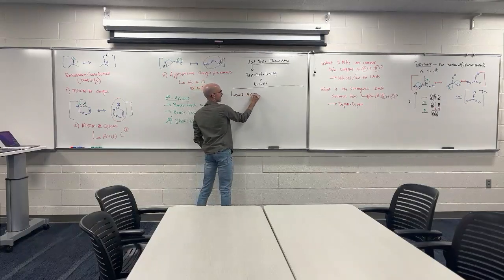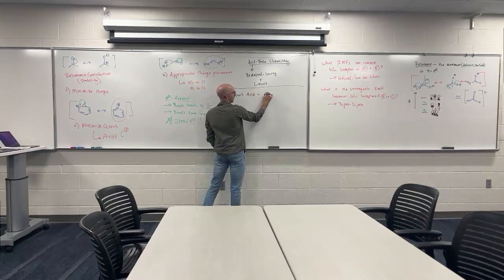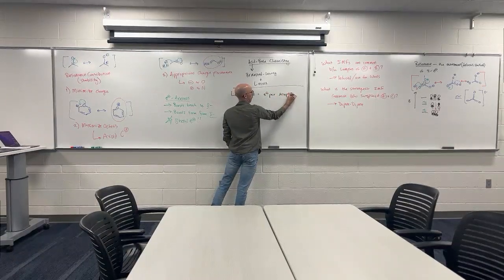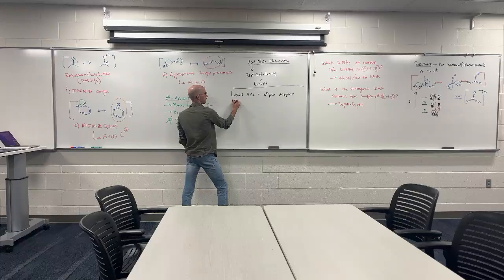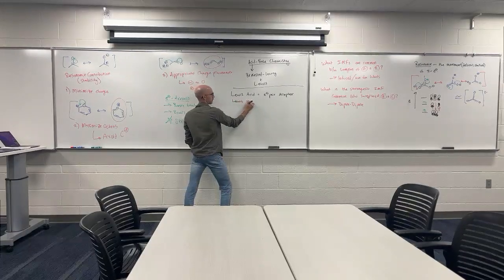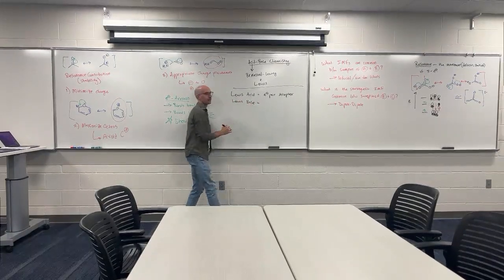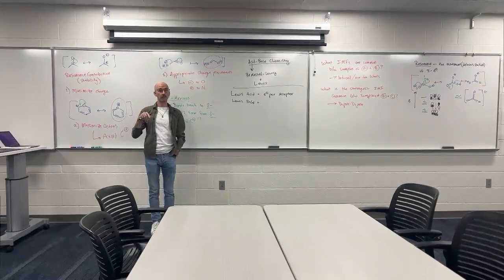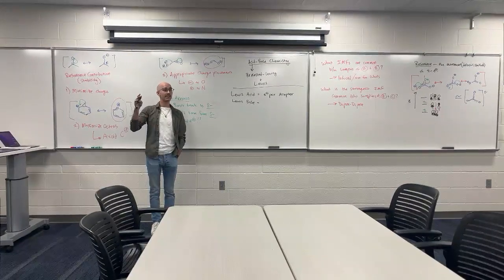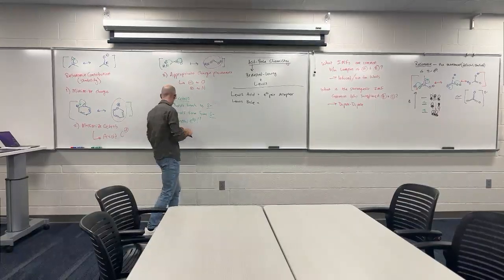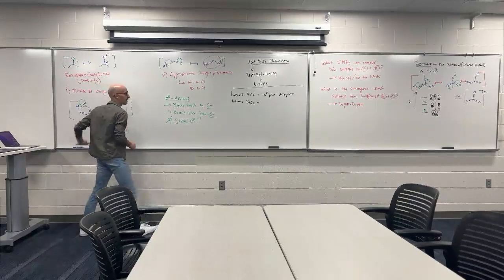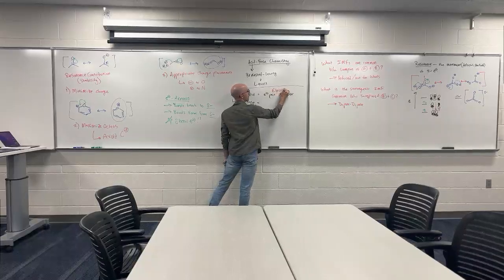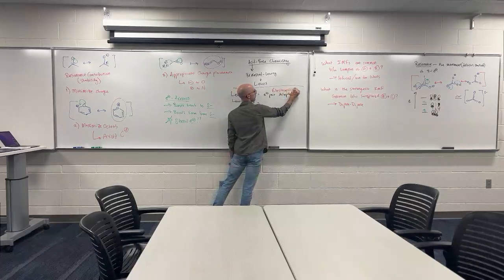A Lewis acid is described as an electron pair acceptor. An electron pair acceptor is a molecule which likes electrons. You may even say loves electrons. And so we call these electrophiles.